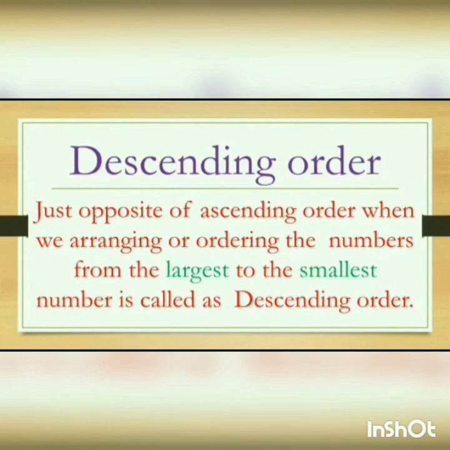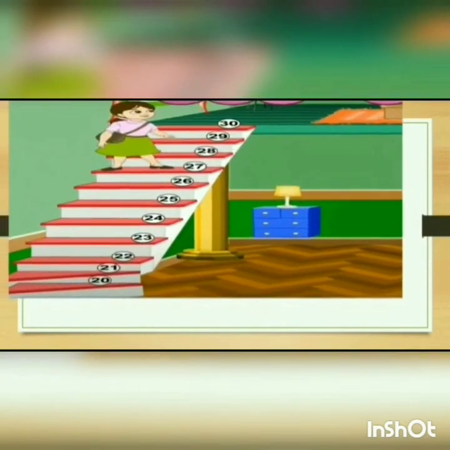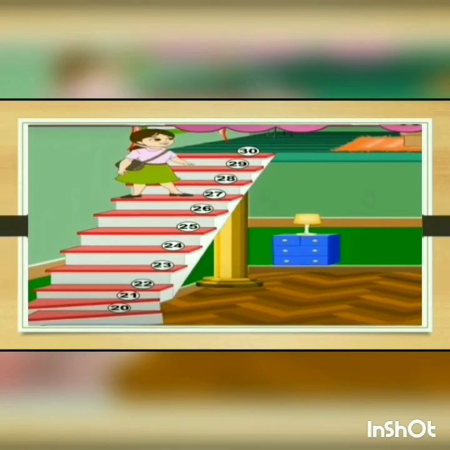In descending order, it's just the opposite of ascending order. When we arrange or order the numbers from the largest to the smallest number, it is called descending order. You can see a girl and some numbers written on stairs.